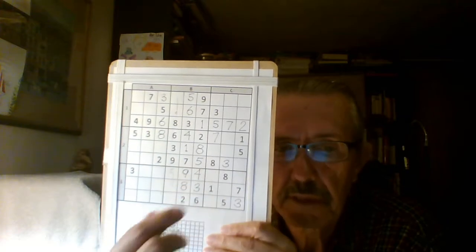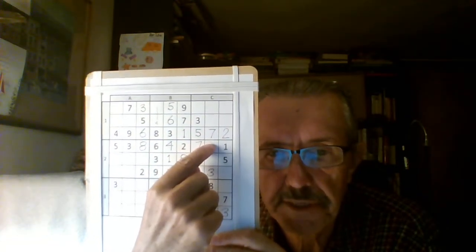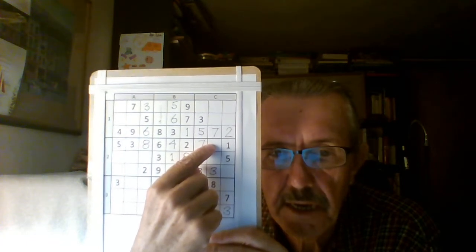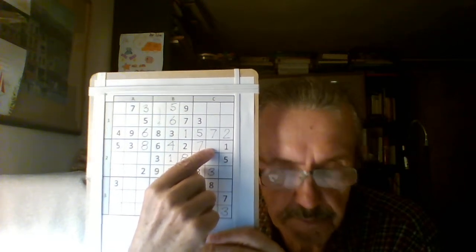Next step will be square C2 location 2. This is this area. As you see, only one available number.